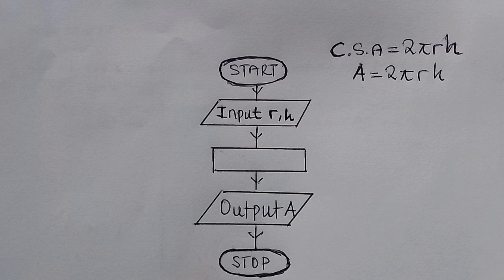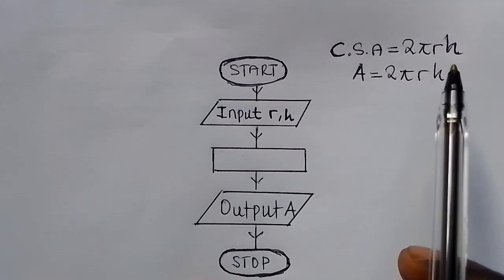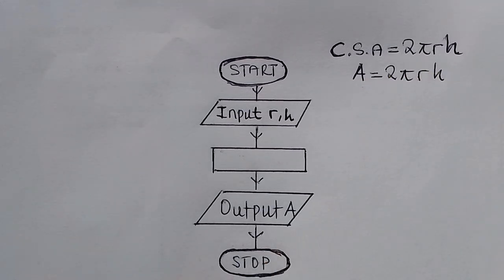Then in the action stage, we're going to put in the formula, but we don't just show it the way it is being given here, like area is equal to 2 pi R H. There are special characters that we use when we are using computers. The character is known as the asterisk.